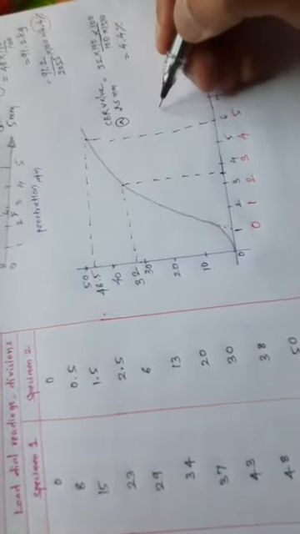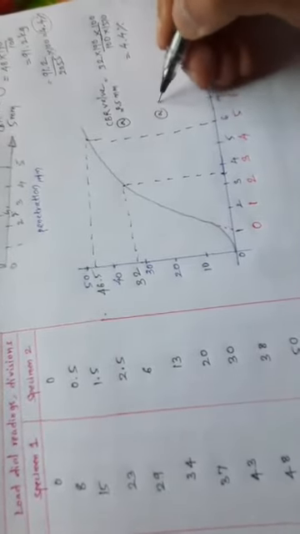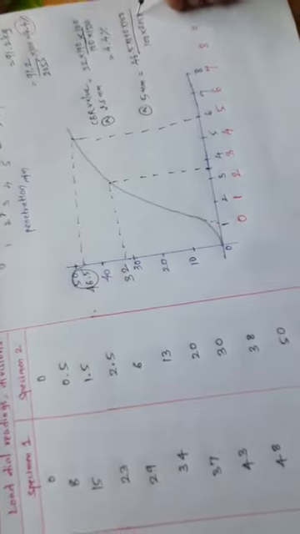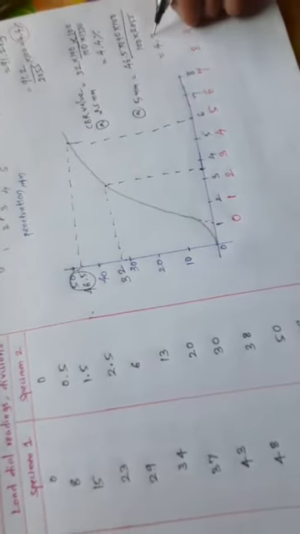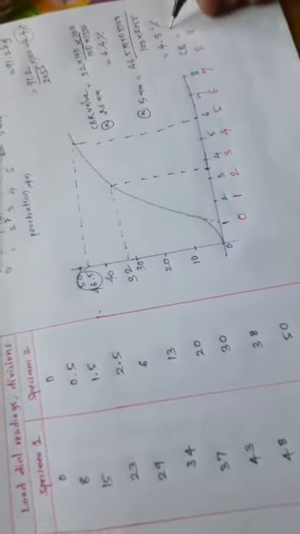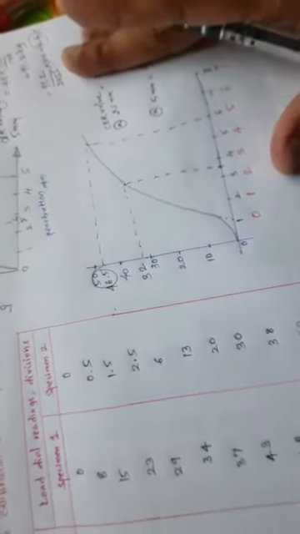And the CBR value at 5 mm will be 46.5 into 190 divided by 100, divided by 2055, into 100, which is around 4.3%. So the average of these gives you the CBR value around 4.4%. This is how you have to solve the problem.